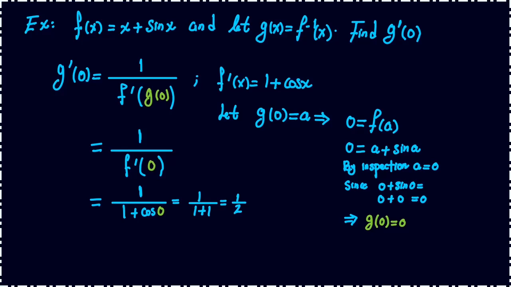But whatever the inverse function is, the derivative of the inverse function at 0 is equal to 1/2, which you can say is the slope of the tangent line to the graph of the inverse at 0 is 1/2.